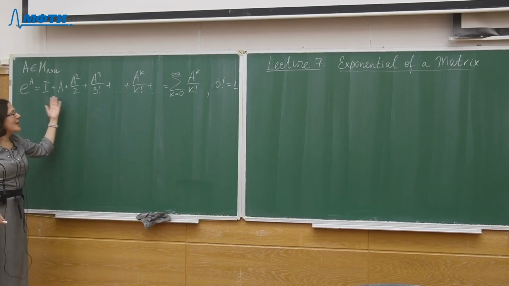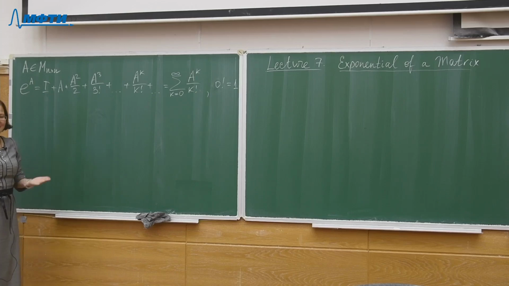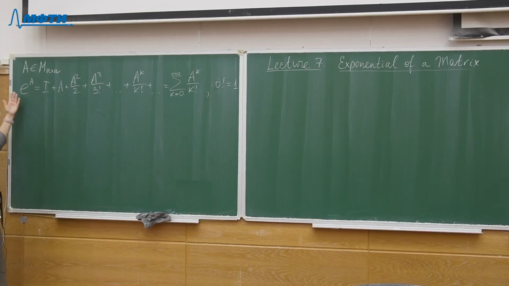So I wanted to show that this series, matrix series, is convergent, absolutely, for any matrix. It is necessary to show that this definition, this operation, is well defined and it exists.